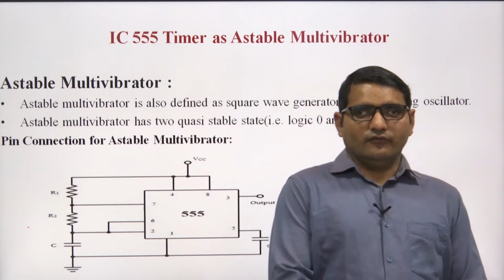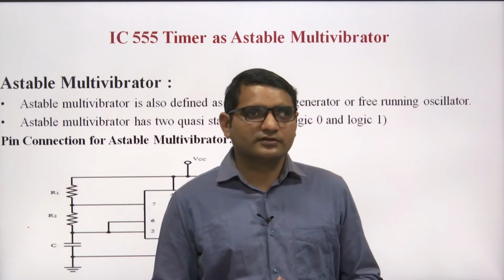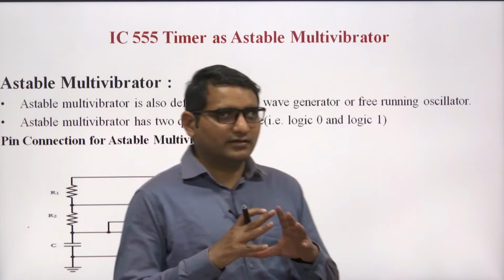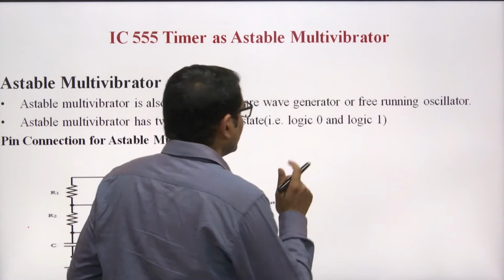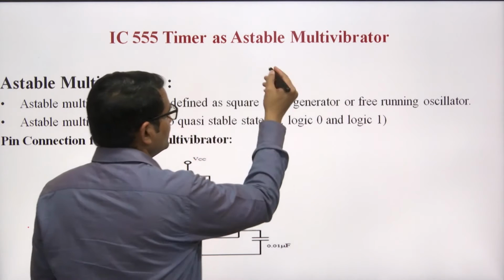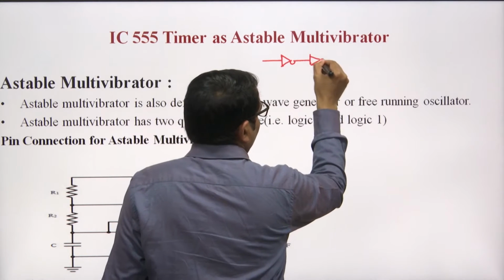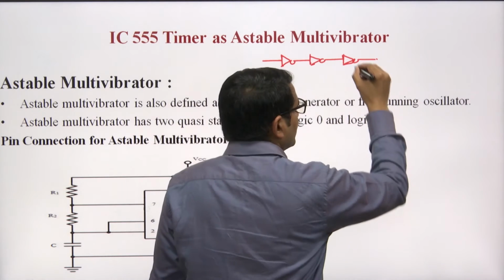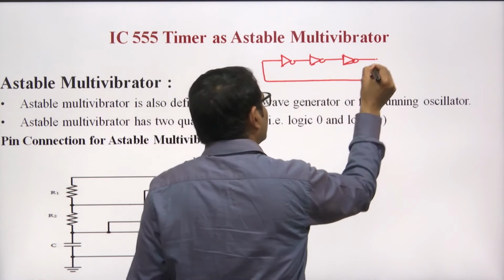One simple concept: from the perspective of digital electronics, let us assume that we have 3 NOT gates, or an odd number of NOT gates, in a positive feedback loop.